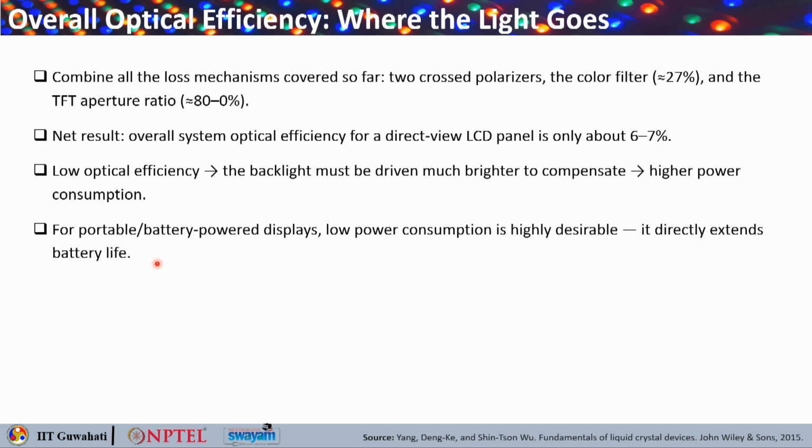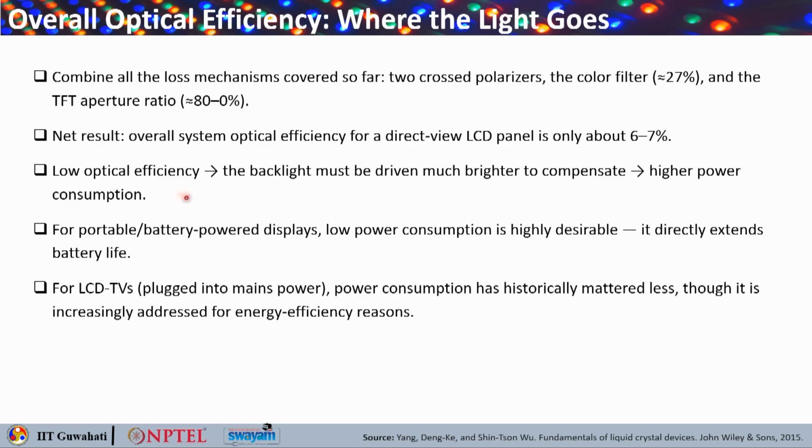If you consider any portable or battery powered display, what you prefer is low power consumption, right? Because that will directly extend your battery life. But this is not helping you, because you need to drive it with higher power so that you get a good amount of light out of this display.